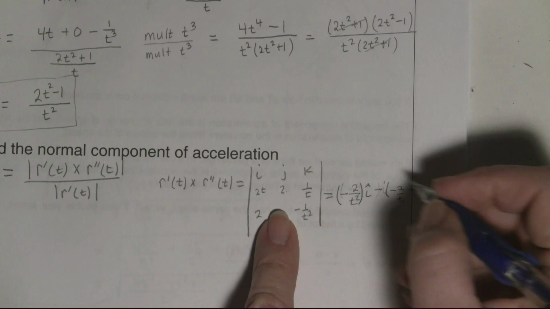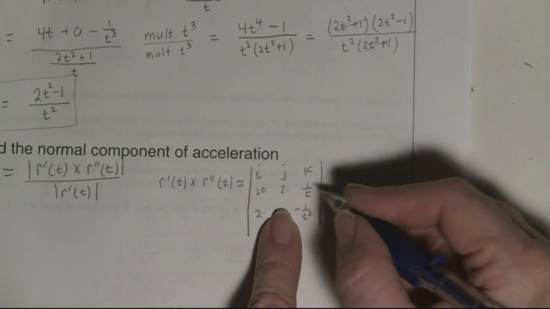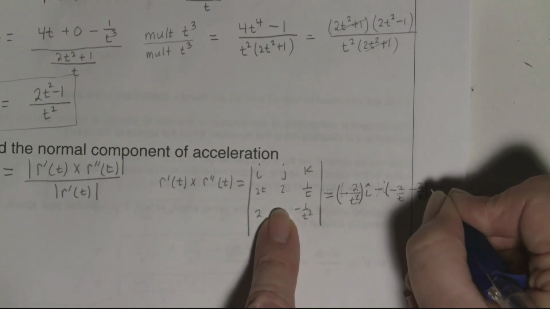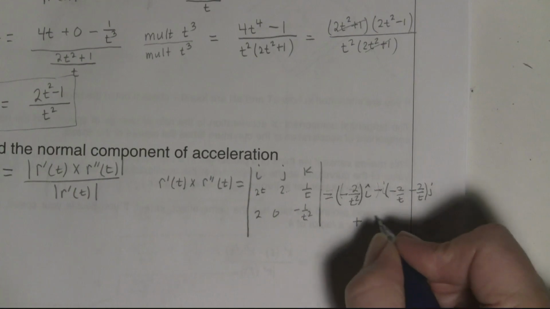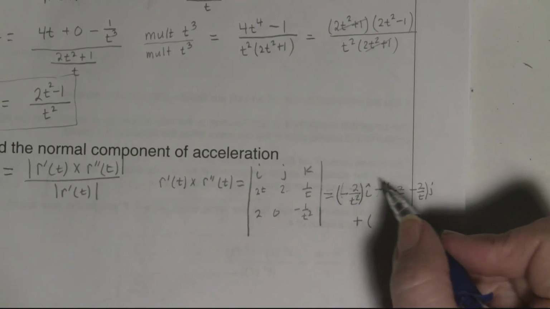Now I'm praying for not making a mistake. So this would be minus 2 over t j. And I'm going to have to put k here, plus k. So it does go plus, minus, plus.